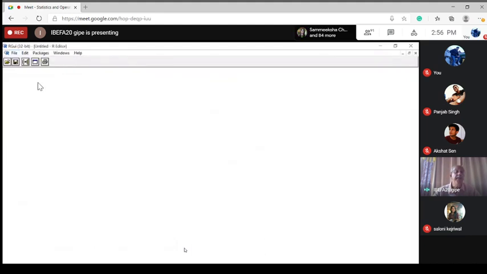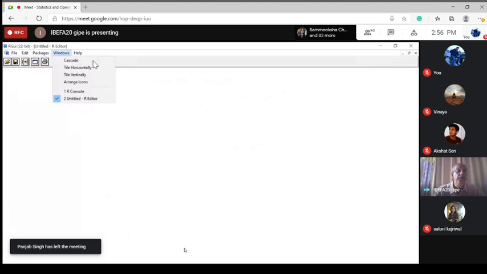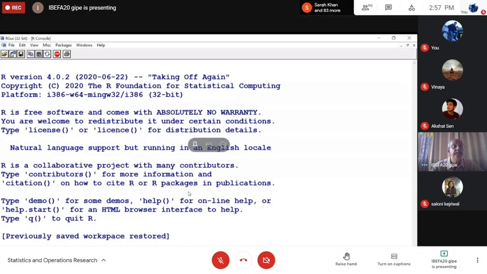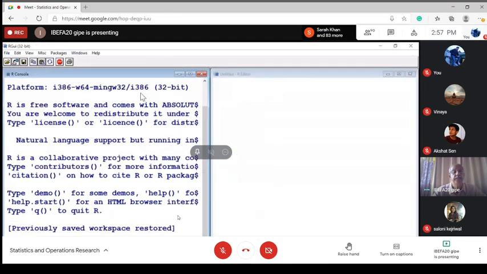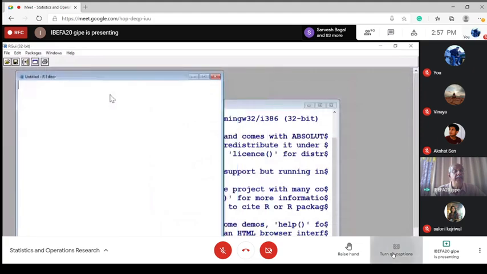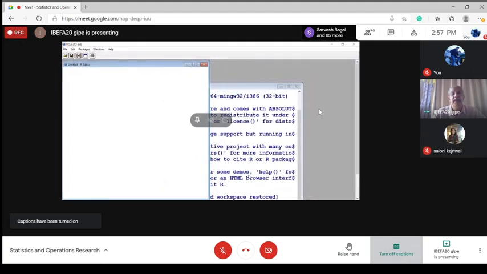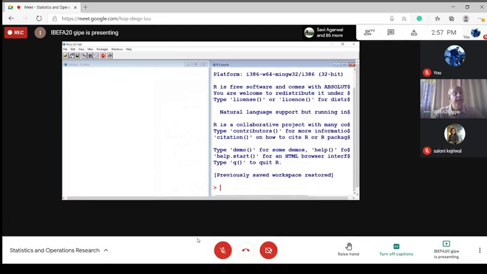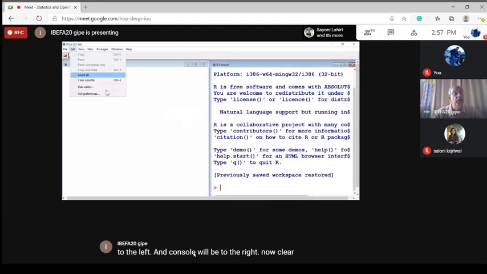I have opened it. Windows, tile vertically. I have done it. My style is editor to the left and console to the right. Now clear the console.